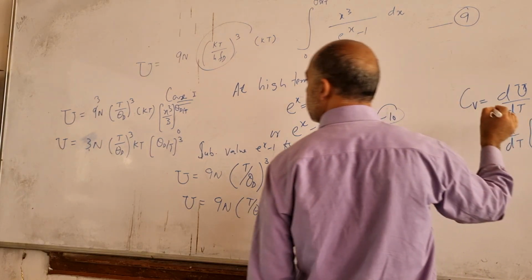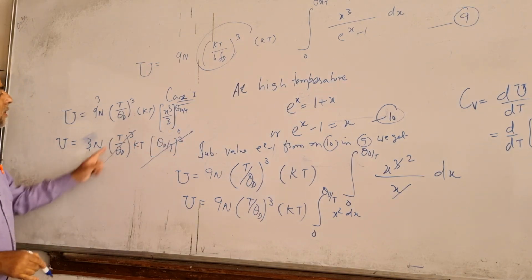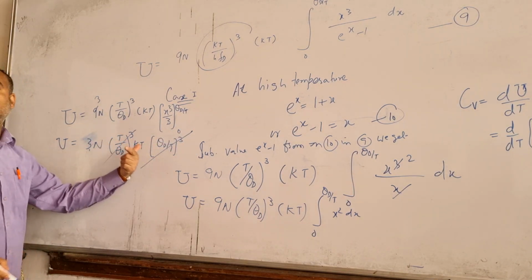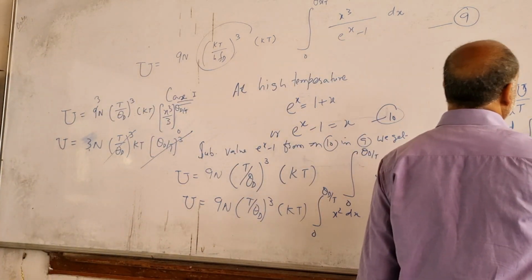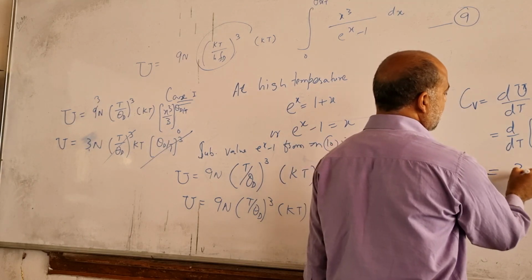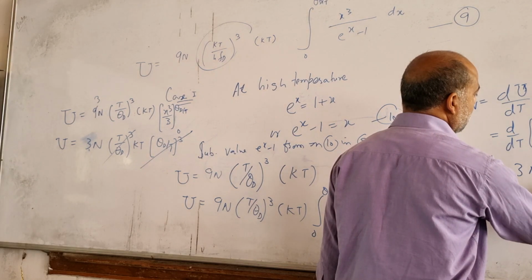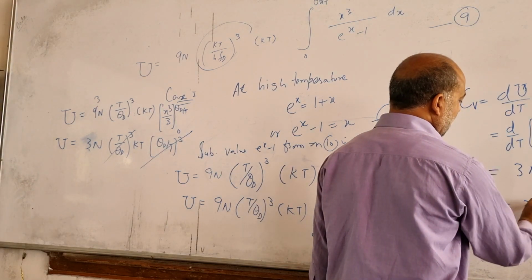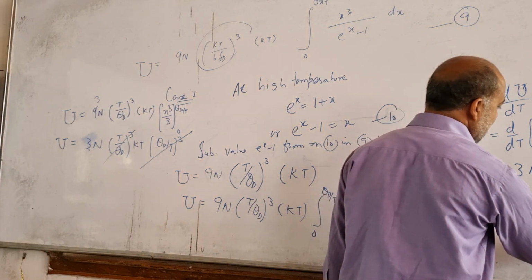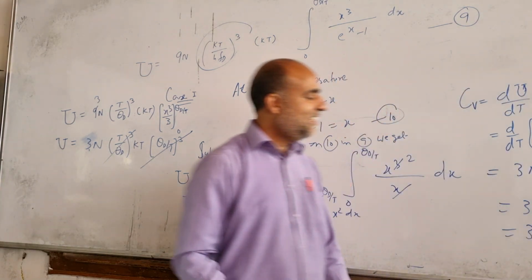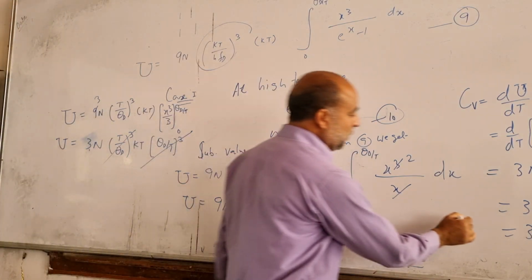T by theta D whole cube cancels with theta D by T cube. Here nk is equal to R. So you take out 3nk, and dT by dT is 1, so you get the result 3nk, which is 3R because nk is R.